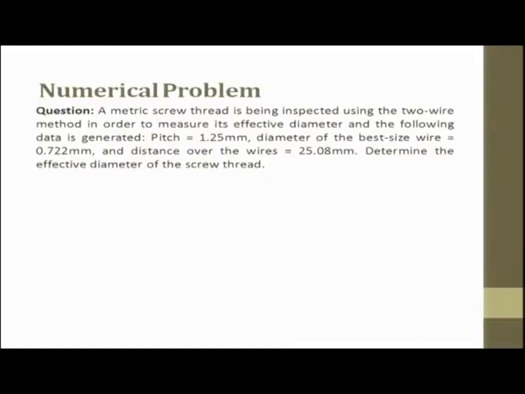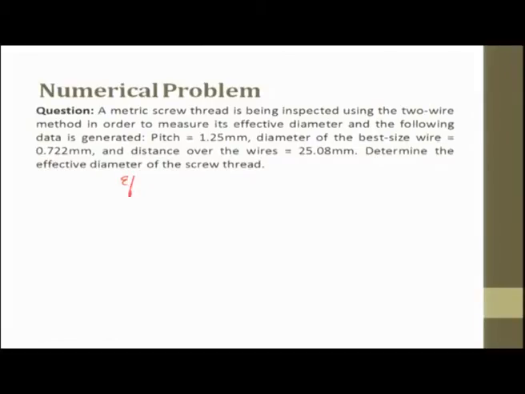A metric screw thread is being inspected using the 2-wire method in order to measure its effective diameter, and the following data is generated: pitch equal to 1.25, diameter of the best wire equal to this much, and the distance over the wire is this much. Determine the effective diameter of the screw thread.